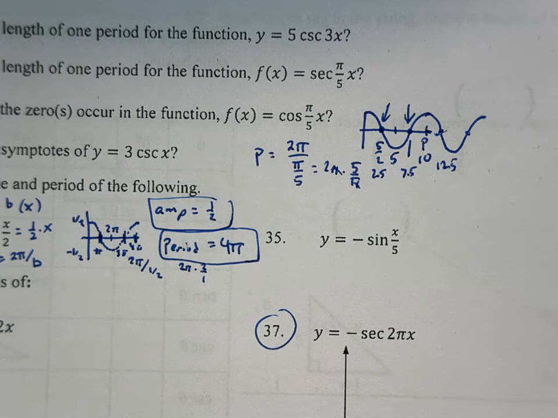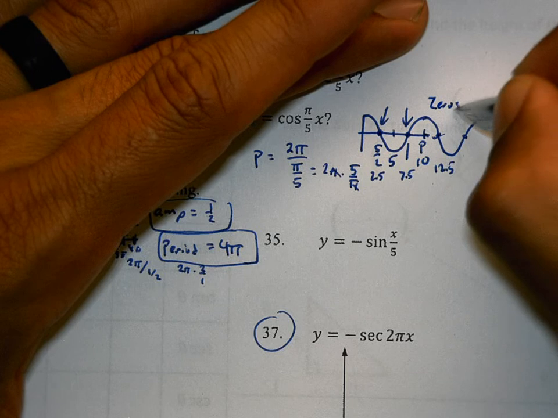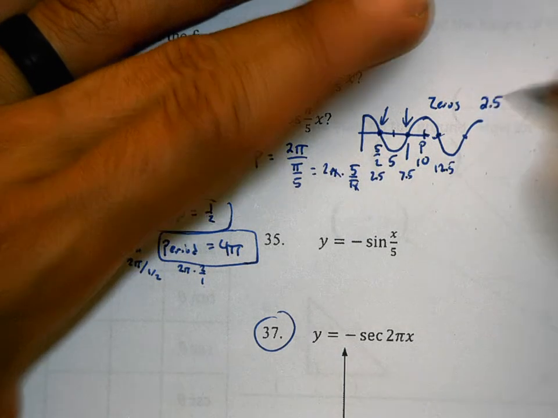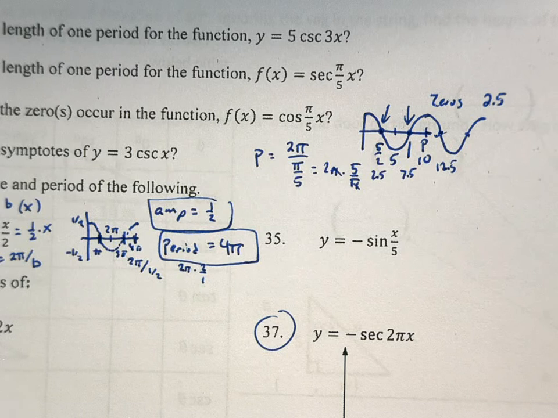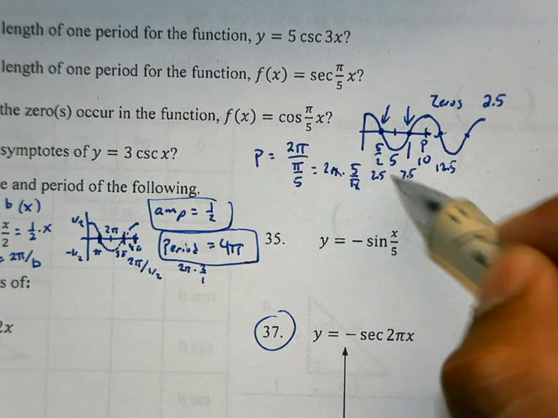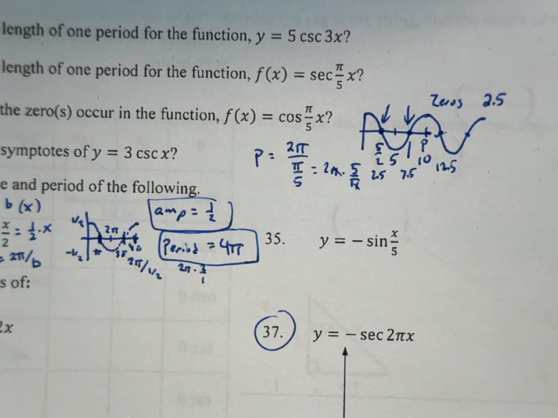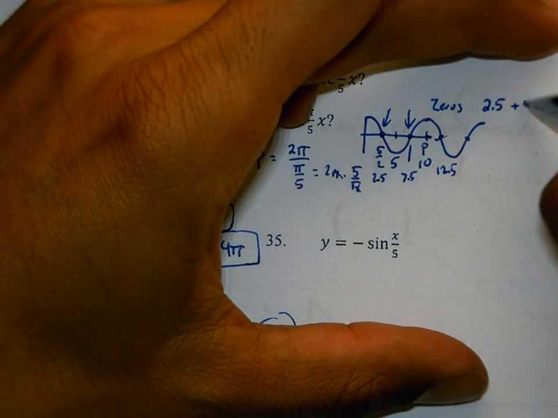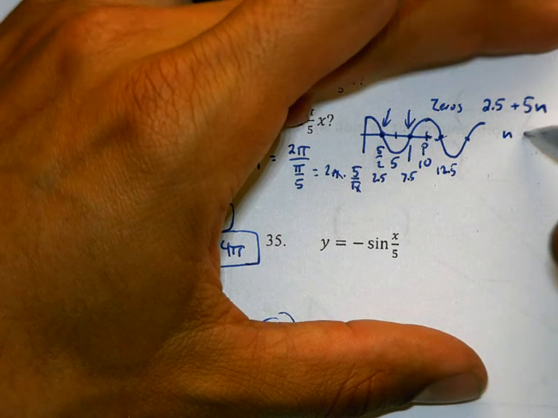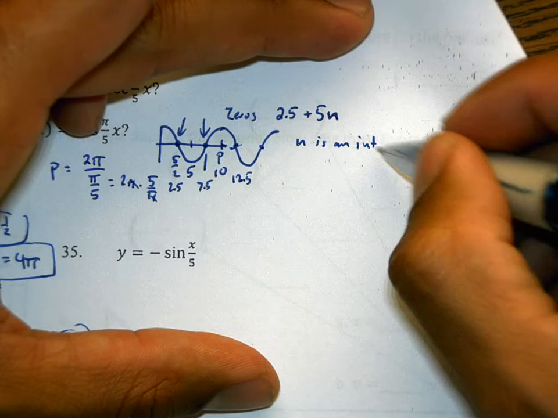We could probably write that the zeros are going to be at 2.5, and how far apart are these? These are 5 units, or 5 radians apart. Every 5 plus 5 plus 5, n, where n is an integer.